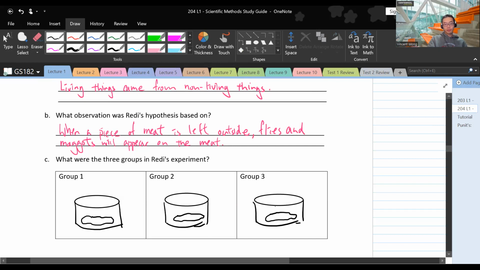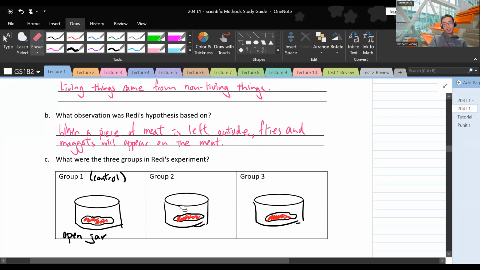Now to standardize the variable, it probably has to be the same kind of meat: same meat, same cut, same size, same age, perhaps. So there are your 3 pieces of meat. The first one is an open jar, no modification. That's our control, right? And then you have 2 treated groups.